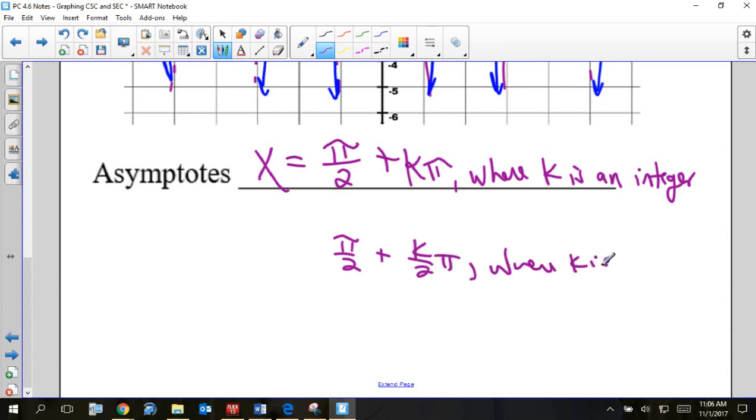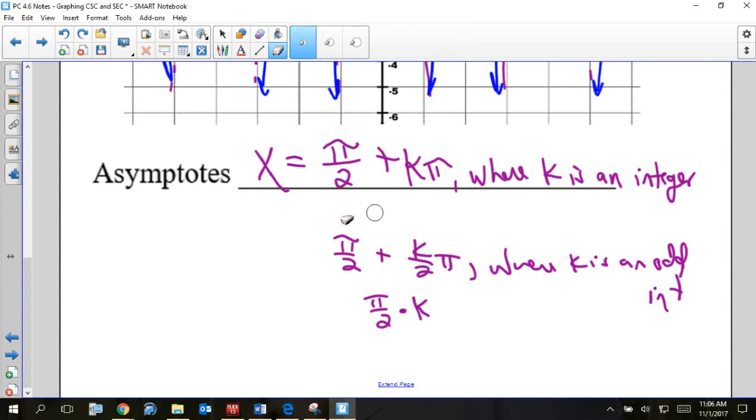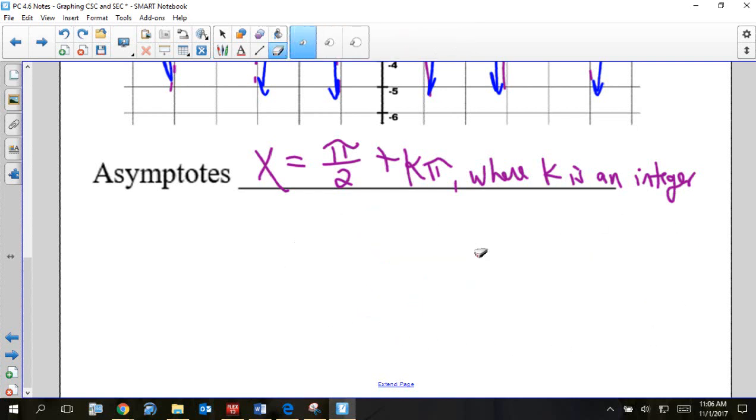I just did 1/2 K, or pi over 2 times K. Oh, you did pi over 2 multiplied by just K, where K is an odd integer. Maybe. We just never write it that way. I just didn't want to write plus. I don't know, but you made it way more confusing for me.